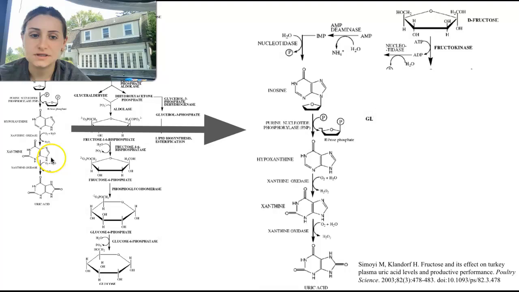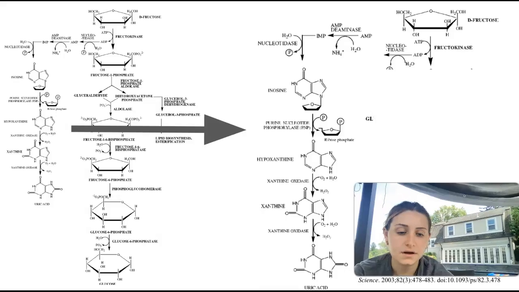So for that, I'm going to switch to this slide. I'm going to move my face here. Fructose can impact uric acid production and therefore lead to gout, because fructose can be turned into fructose kinase, which can be converted into inosine monophosphate, which can enter the purine synthesis pathway and stimulate purine synthesis.